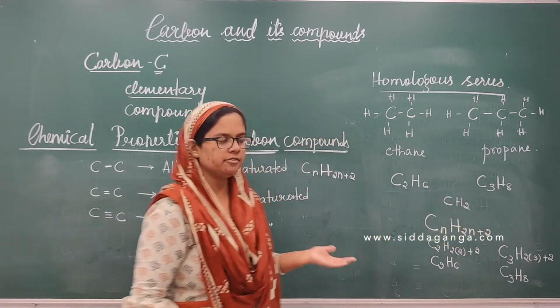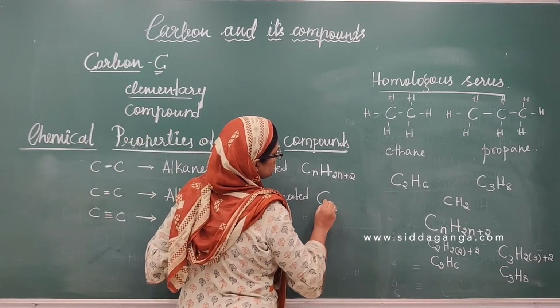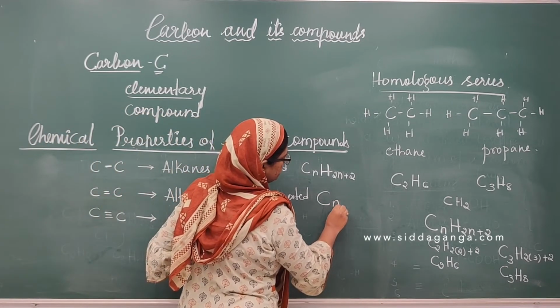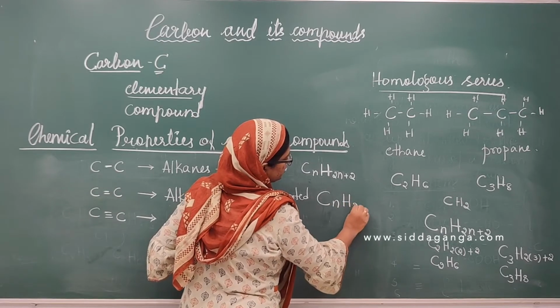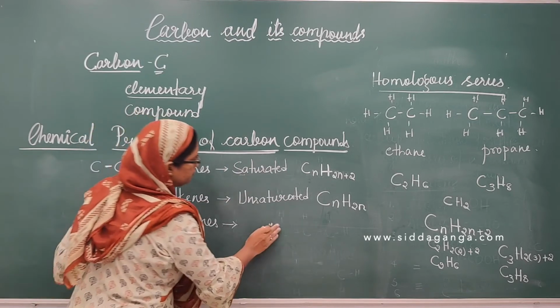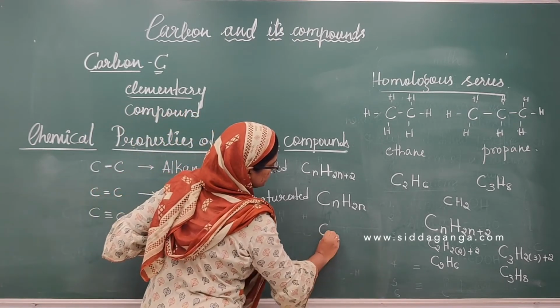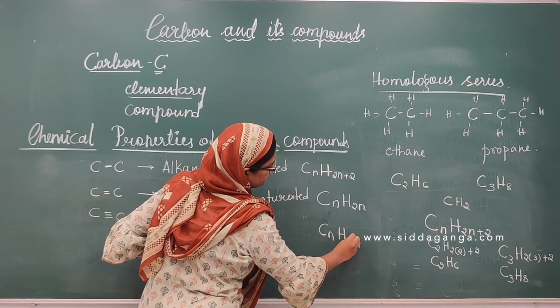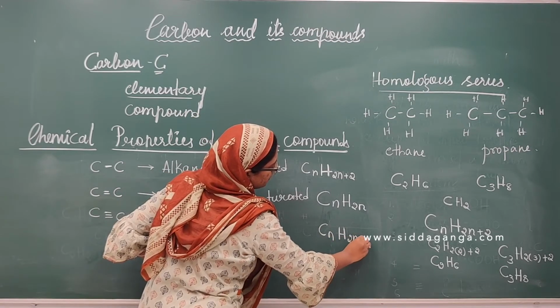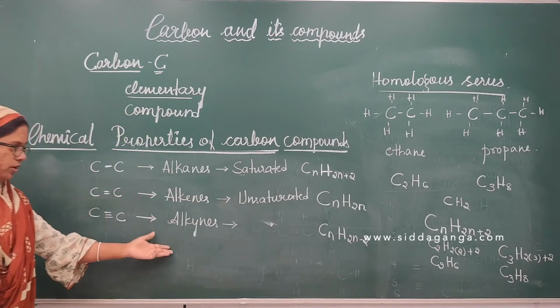Similarly, if I take alkenes, CnH2n will be the general formula. Similarly for alkynes, these are also unsaturated as I said, CnH2n-2. Two hydrogen atoms will be reduced because of the triple bond.